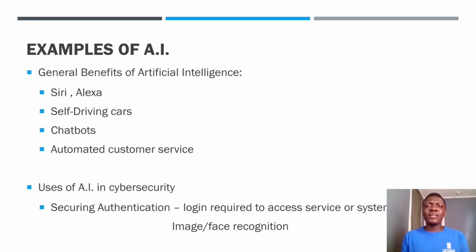And this makes it possible for attackers to be denied access to information that is not theirs. A very typical example that I can give here is the facial recognition feature on our phones.